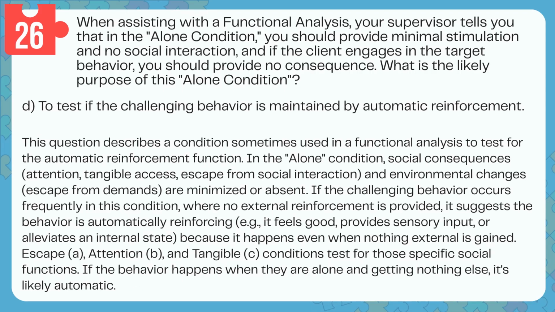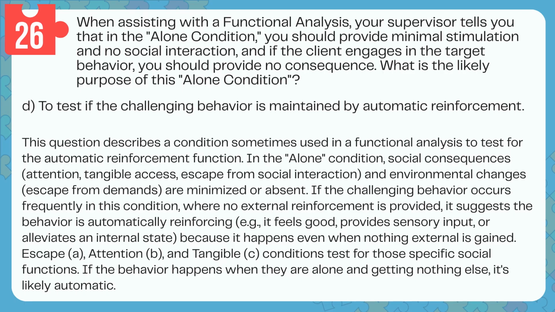Answer: D. To test if the challenging behavior is maintained by automatic reinforcement. Explanation: this question describes a condition sometimes used in a functional analysis to test for the automatic reinforcement function. In the alone condition, social consequences, attention, tangible access, escape from social interaction, and environmental changes, escape from demands, are minimized or absent.